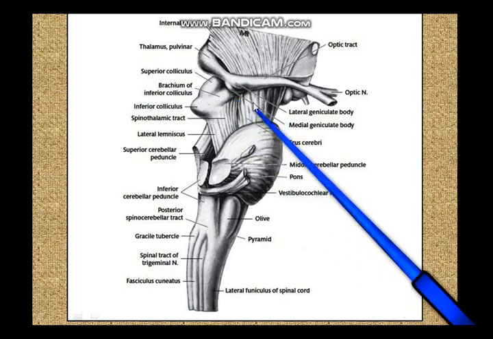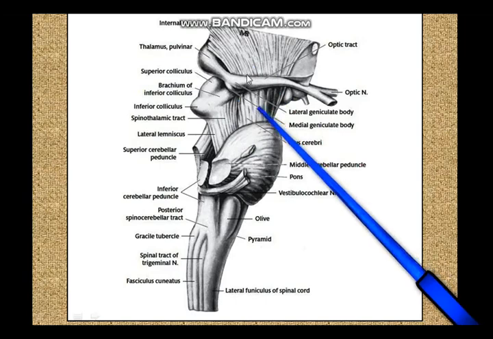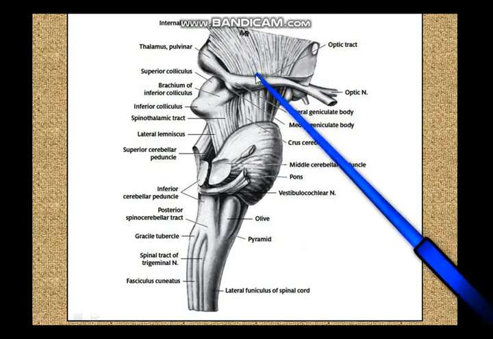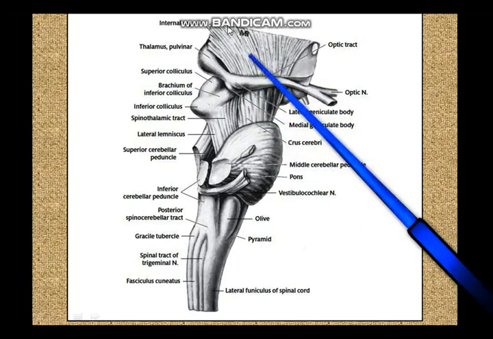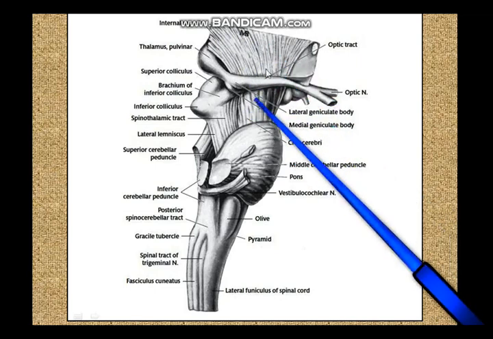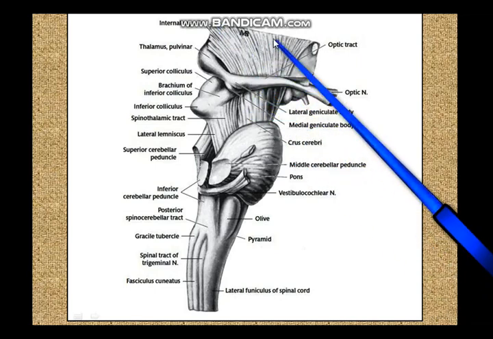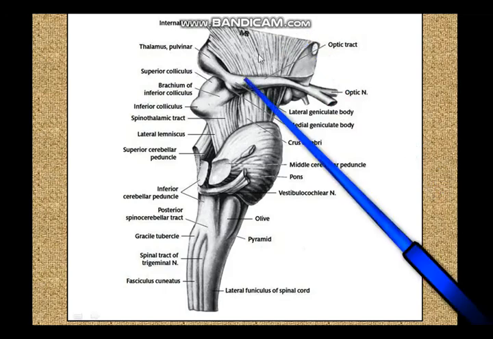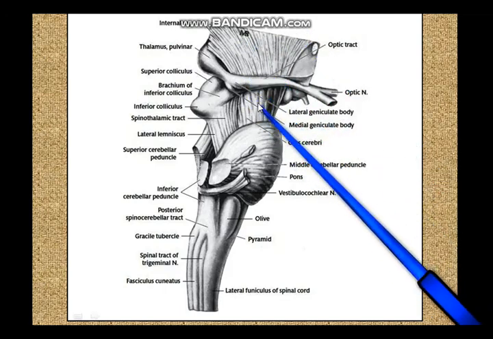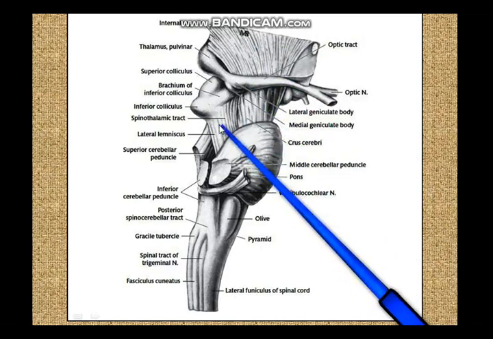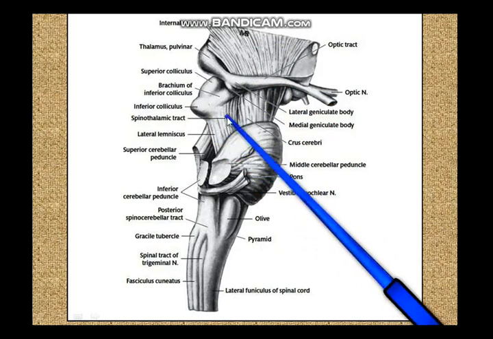And from the midbrain, these crus cerebri fibers were actually going through the internal capsule, and they were the fibers of the corona radiata. So these are the fibers of the crus cerebri going up and connecting with the cerebral cortex. This is the crus cerebri over here, and over here you can see the lateral lemniscus and the spinothalamic tract, that is spinal lemniscus.